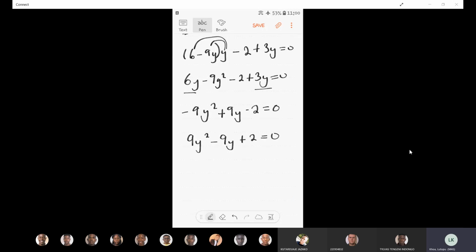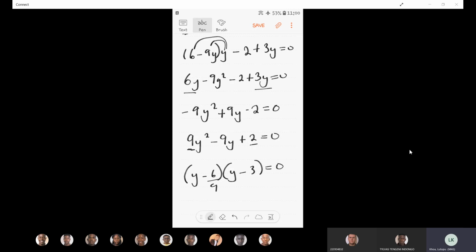So you factorize this. You look for two numbers that when you multiply them, the answer is 18. So I see this 9 times the 2. And when you add them, the answer is negative 9. So those two numbers are negative 6 and negative 3. So we open our brackets. I put my y. Then the two numbers, negative 6, negative 3.